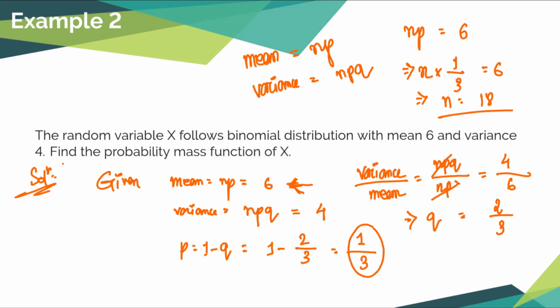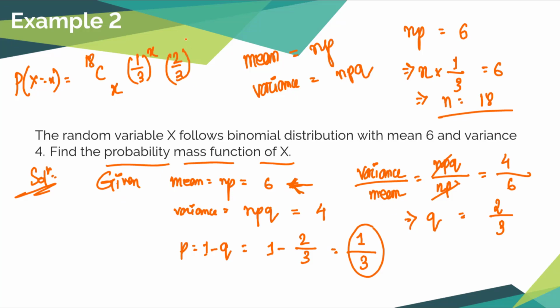So our task was to find the probability mass function of X. If I know the value of n and the value of p, then it is very easy. The probability mass function is probability of X equal to x is equal to 18 C x, p is 1 upon 3 to the power x, and q is 2 upon 3 to the power 18 minus x.